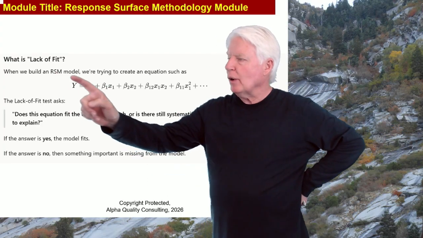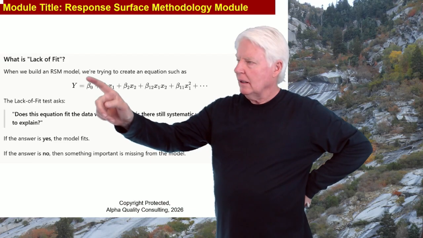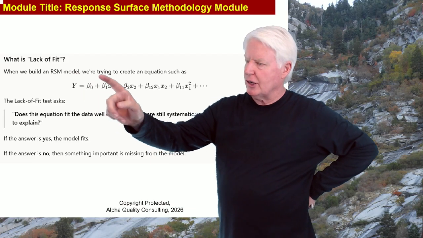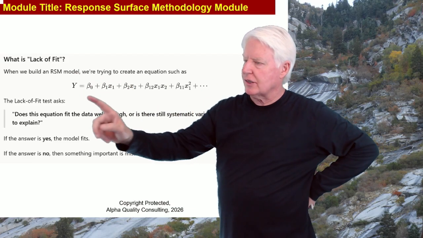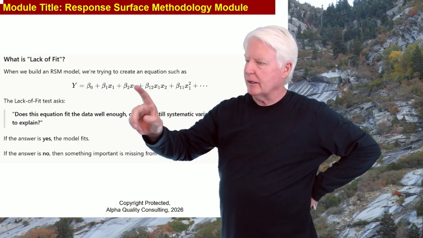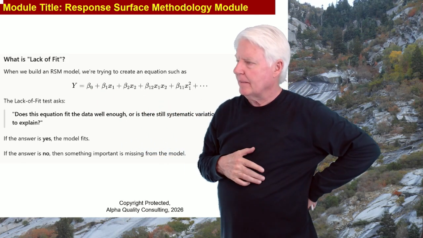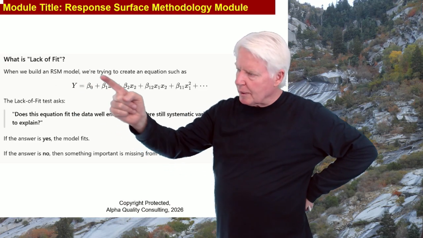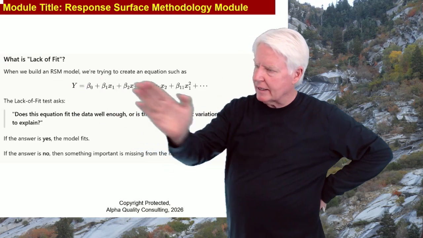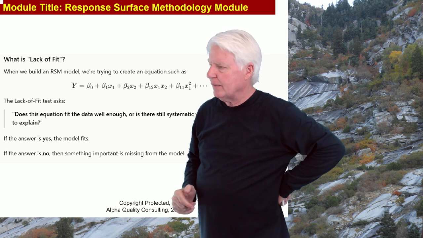What is lack of fit? When we build an RSM model, a response surface methodology model, we're trying to create an equation with linear terms, a squared term, and an interaction term. We are trying to create this equation that contains all that information.